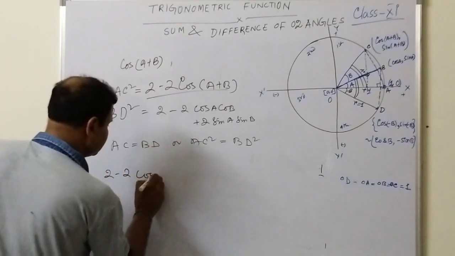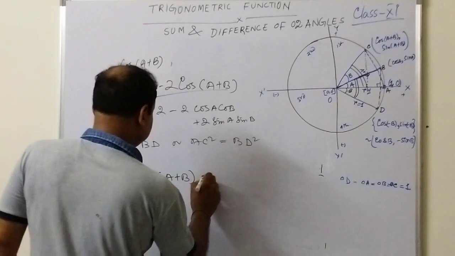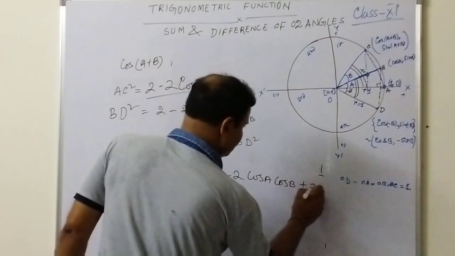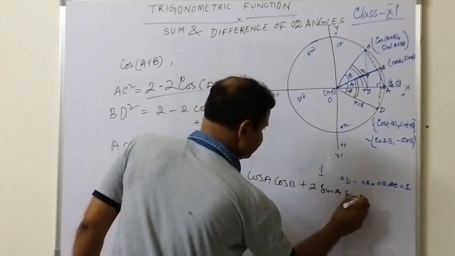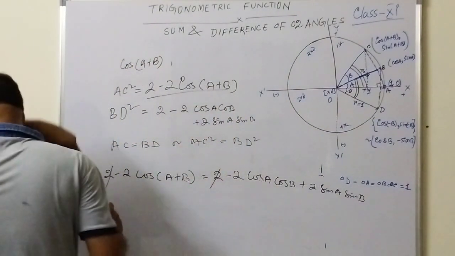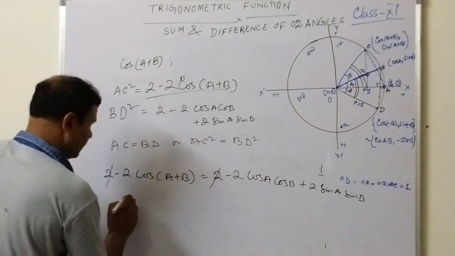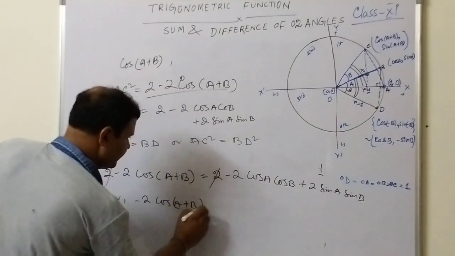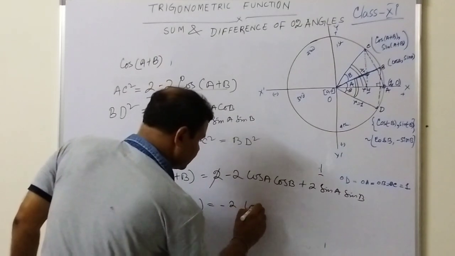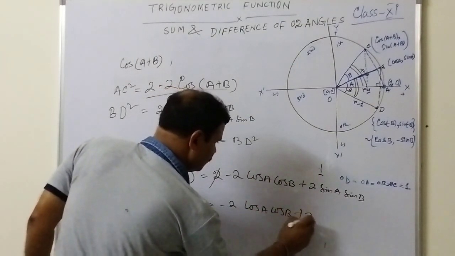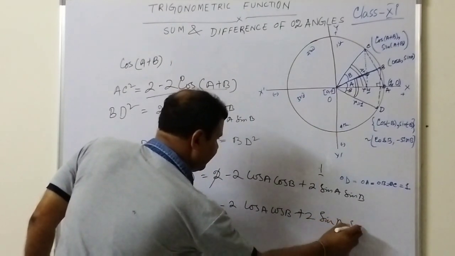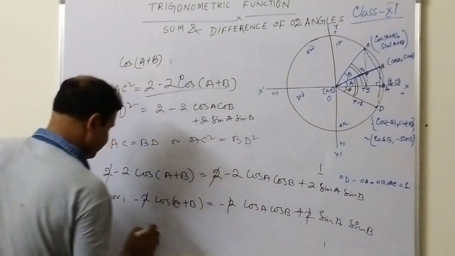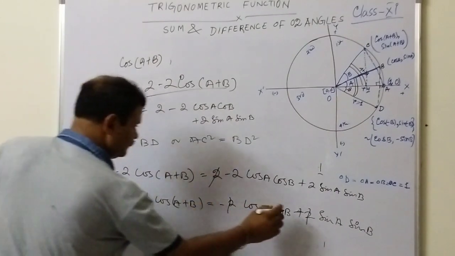So 2 minus 2 cos A plus B equals 2 minus 2 cos A cos B plus 2 sin A sin B. So the 2 cancels here, or minus 2 cos A plus B equals minus 2 cos A cos B plus 2 sin A sin B. Okay, so now divide both sides by minus 2 to neutralize this.